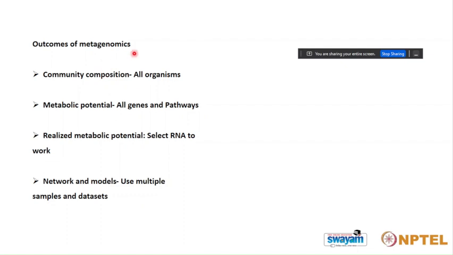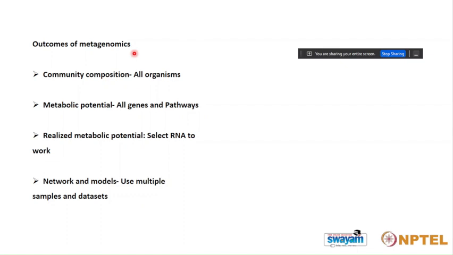So what are the outcomes we will get out of metagenomics? The first and foremost outcome is the community composition. We can identify what organisms are present in a microbial community with the help of metagenomics. Then we can realize the metabolic potential of different species present in the microbial community by studying the genes and pathways.